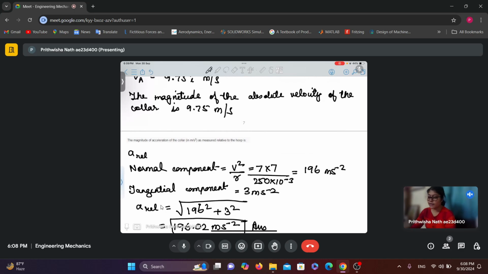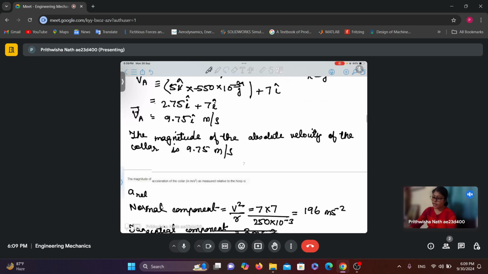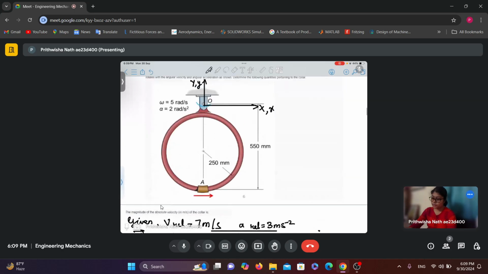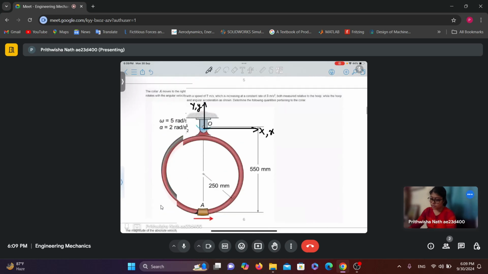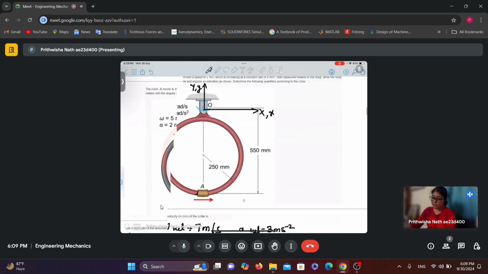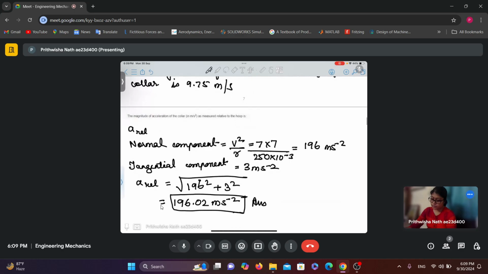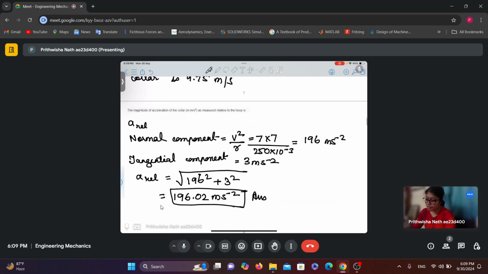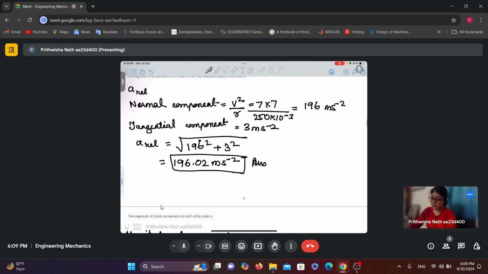So ultimately solving this gives 196 meter per second square. And the tangential component of acceleration is also mentioned, which is nothing but 3 meter per second square. So the magnitude of the acceleration becomes 196.02 meter per second square.